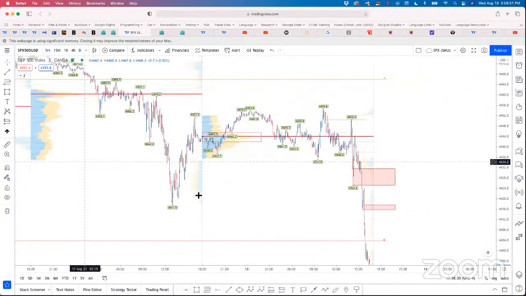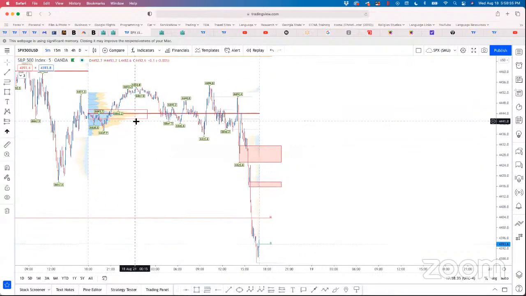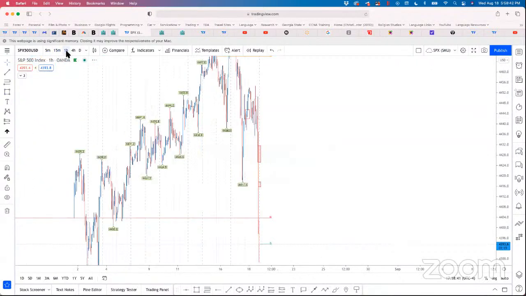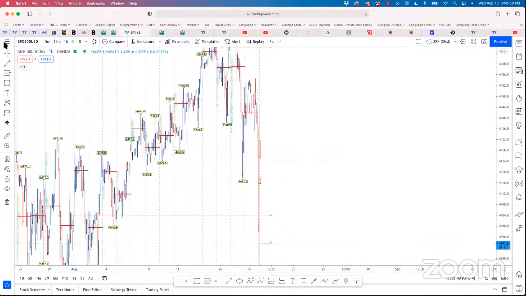You'll notice that the point of control changes as you move to different time frames, and you have to take that into account, because you're looking at accumulated volume over a certain time.